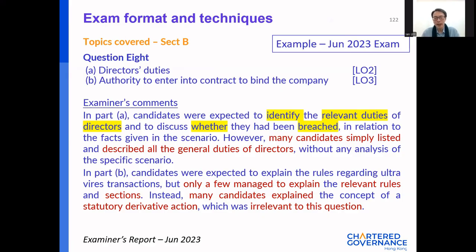As you know, there are quite a number of different directors' duties. So definitely look at the story and then discuss the ones you believe are relevant to the story at hand. Otherwise you will end up spending a lot of your valuable and limited time writing on matters that are not relevant to the story or the question, and most likely will not score any marks.